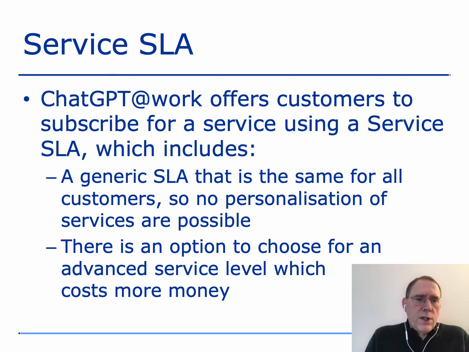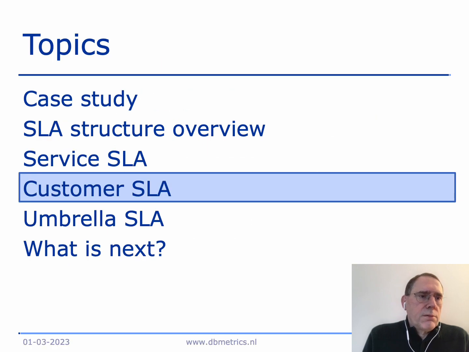You just take it or leave it. You might add some advanced levels like gold, silver, or bronze, for which more money is to be paid, and then the service norms might be higher. So that is a possibility, but for the rest it is not possible to get another service norm in the SLA.